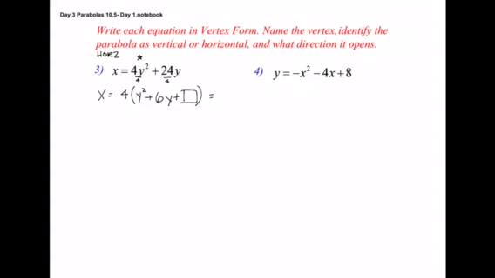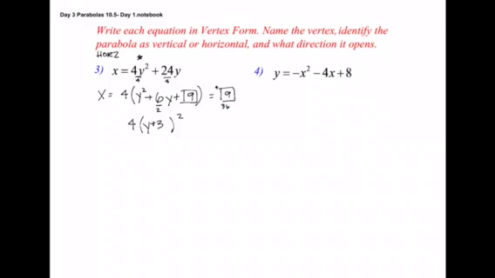We didn't have any constants that we needed to move, but remember when you have your box on this side, you need to multiply whatever's in it by 4. So 4 times our quantity of y, something squared, so b divided by 2, positive 3, 9. 9 times 4 is 36.